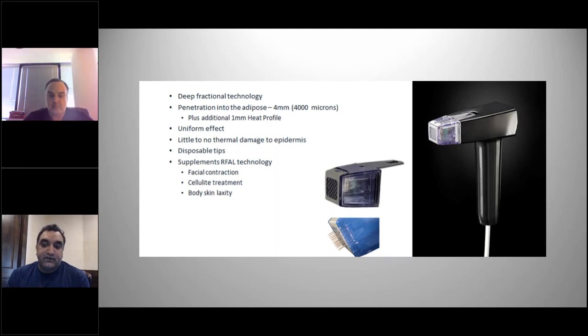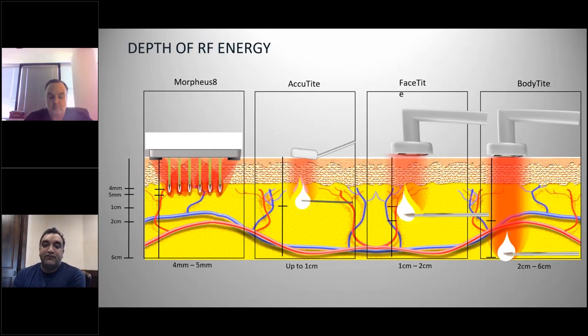But there's certain things that are really treated well with Morpheus on the eyelids, with the small focal contraction and the small tightening you can get, which can be analogous in some patients who need that additional tightening of the lower lids. Here it describes the depths. The Morpheus8 goes down in a fractional bipolar frequency pattern through the skin and through the muscle, and can really create focal contractions.